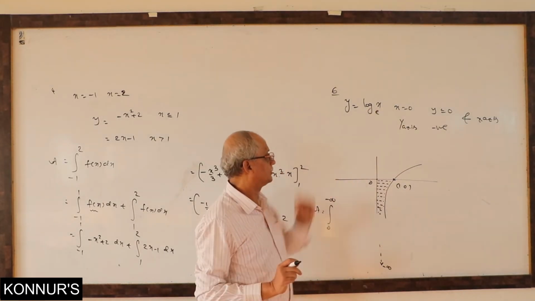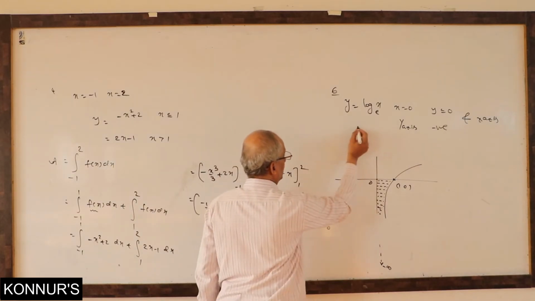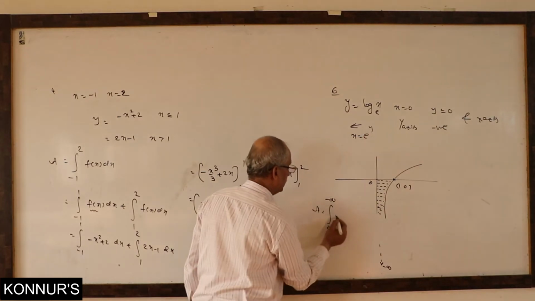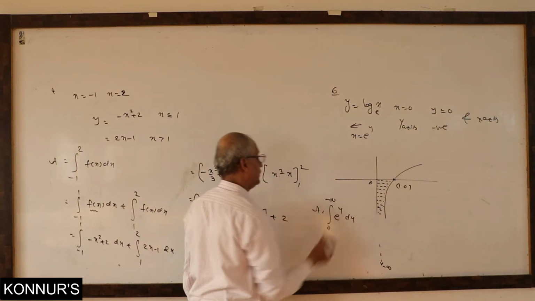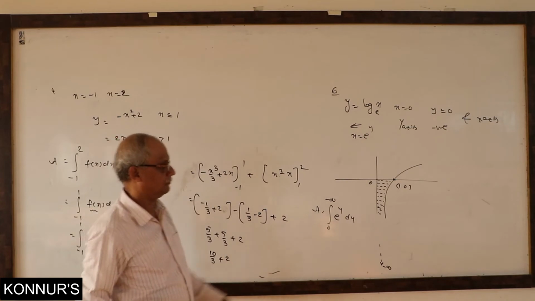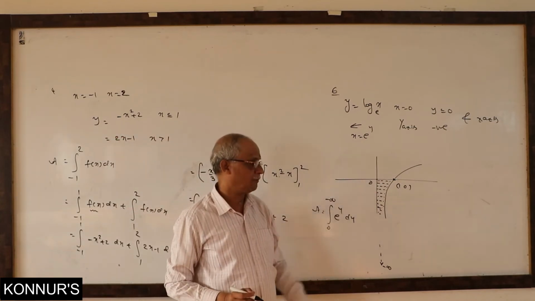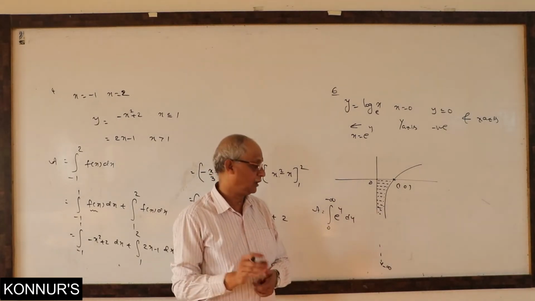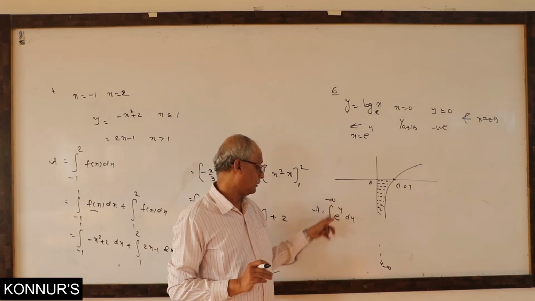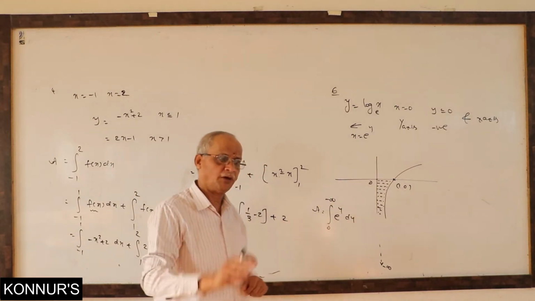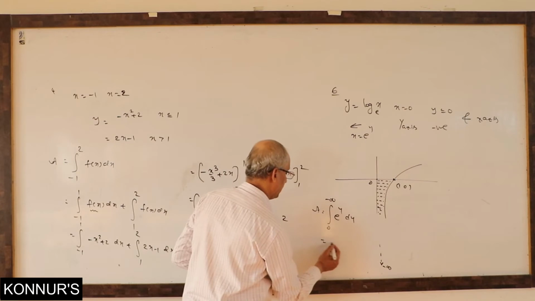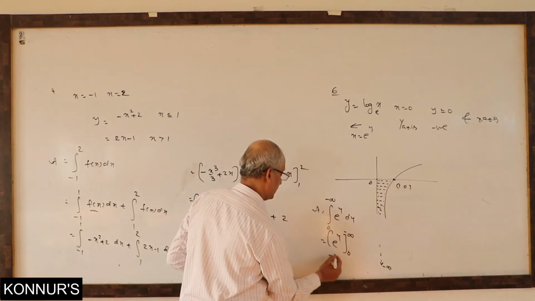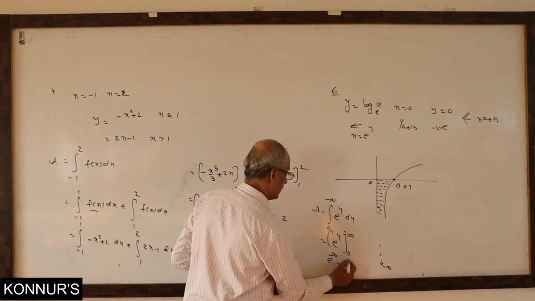Using the definition of logarithms, if you remove log here, x is equal to e power y. Now e power y dy is our function. So first the figure, next the limits: because the axis is the y axis, we need y limits, and the function must be in terms of y. So e power y, evaluated as e power minus infinity minus e power 0.